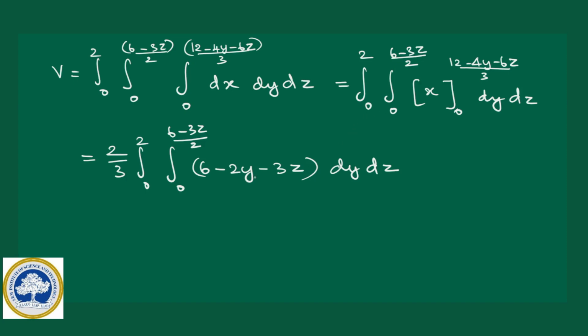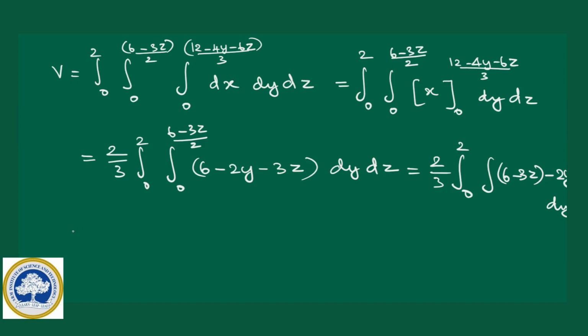Now we have to integrate with respect to y, right? Since we are going to integrate with respect to y, if we write this like this, it will be easy for simplification. I will show you. So 6 minus 3z we can write separately, and then we can write 2 minus y separately. Then you integrate with respect to y.